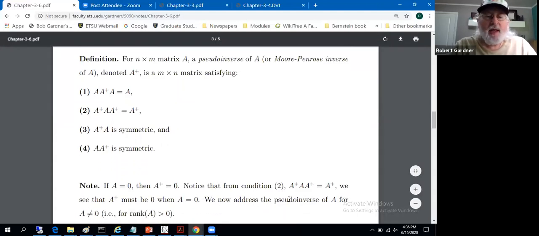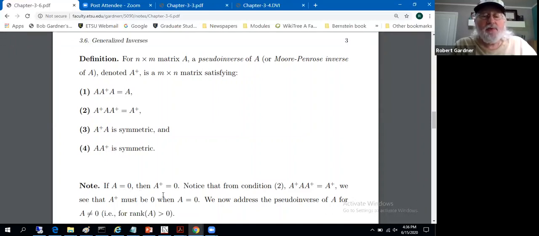All right. First, let's look at the zero matrix in connection with this. If A is a zero matrix, then the pseudo inverse of A must be the zero matrix, we're going to claim. Certainly, if A is a zero matrix, we've got zeros everywhere. Zero matrices will come out of the products, and they're symmetric.